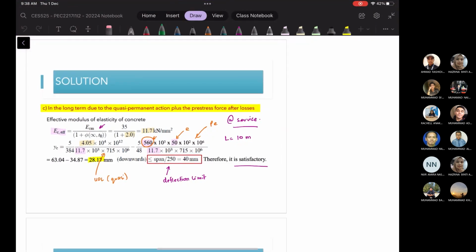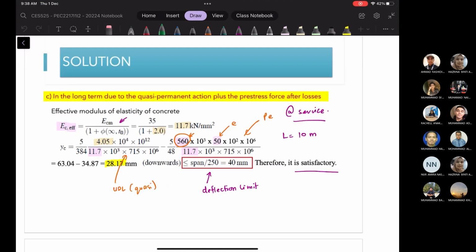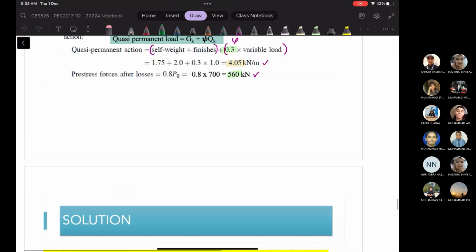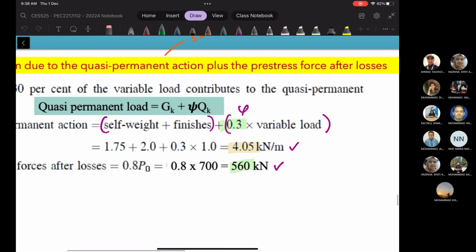We changed the original value of 700 to 600. Then when we change the value of P0, we also have to change the value of the eccentricity.